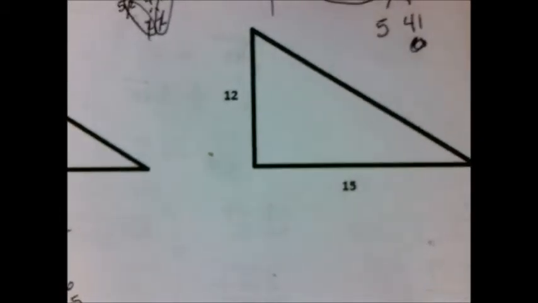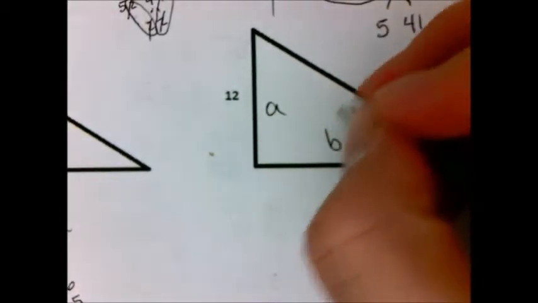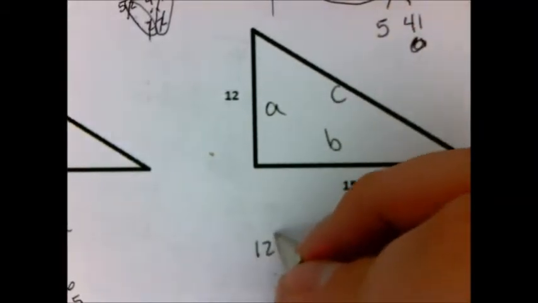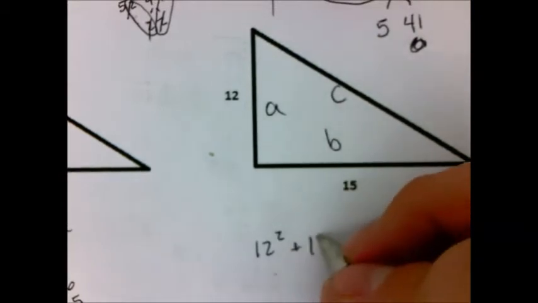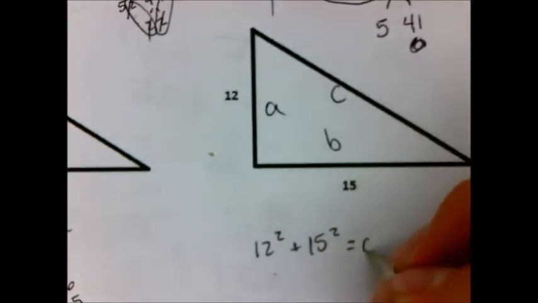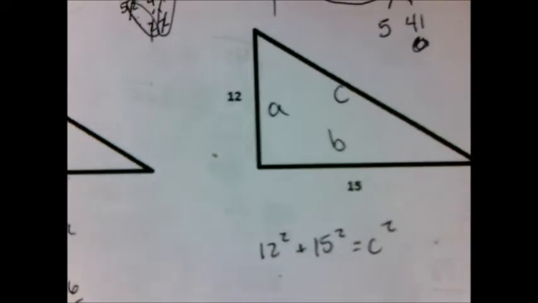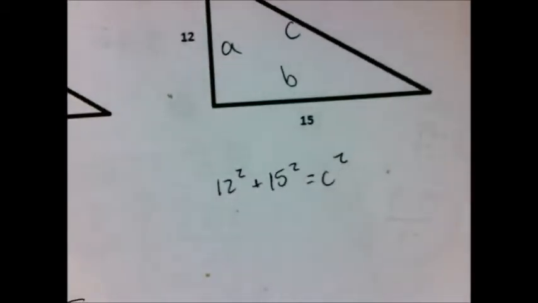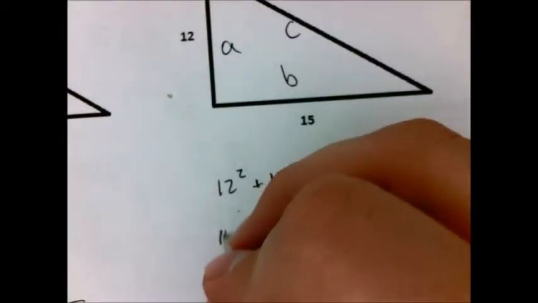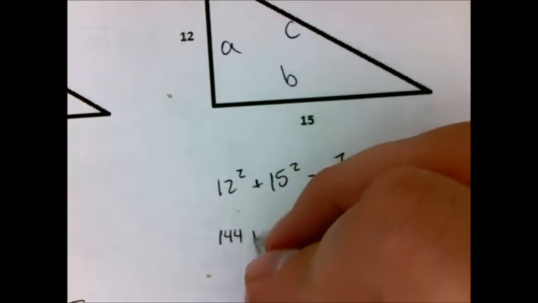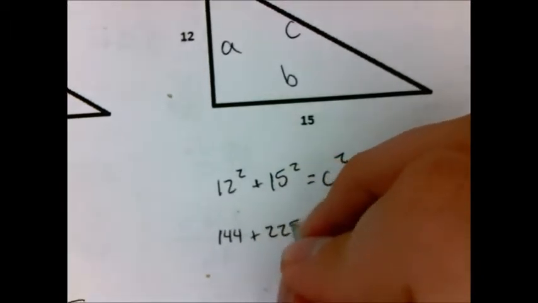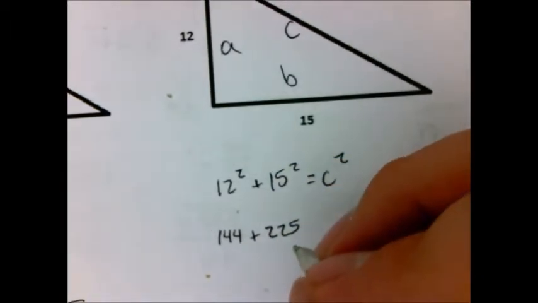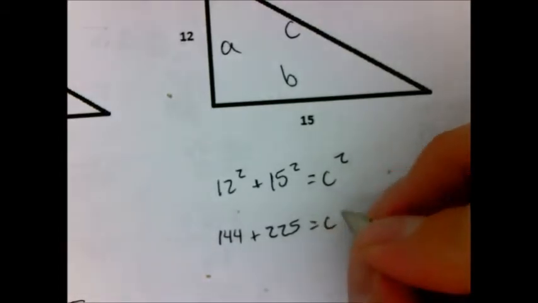Alright, last one. So A, B, C, 12 squared plus 15 squared equals C squared. So if we take 144 plus 225 equals C squared.